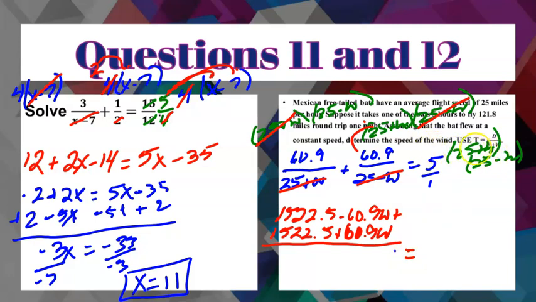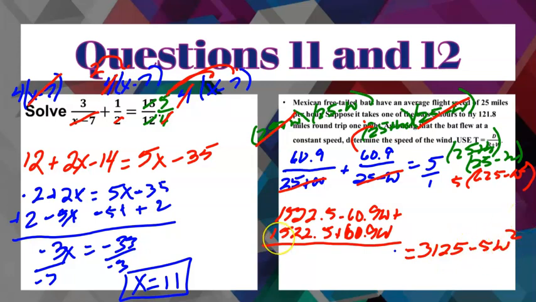it's going to equal, now I have a difference of 2 squares here, and then I have a 5 there. So I'm going to have 625 minus W squared times 5, which if I do 5 times 625, I now have 3,125 minus 5 W squared.